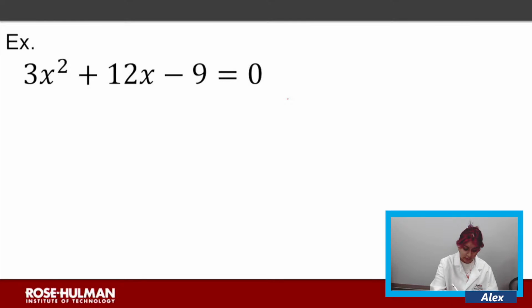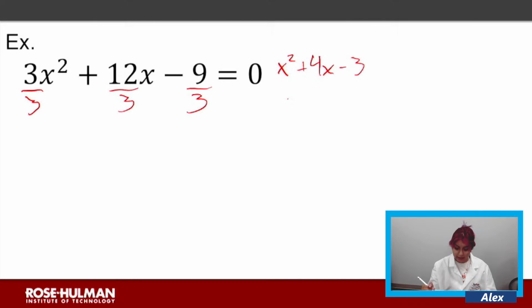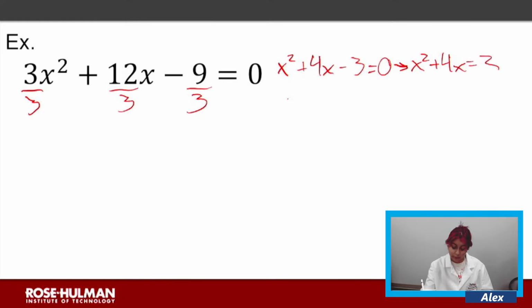If we divide each by 3, that now gives us x squared plus 4x minus 3 equals 0. If we rewrite that like we were doing before, we get x squared plus 4x equals 3. And now we can finish this equation the same way that we've been doing the other ones.